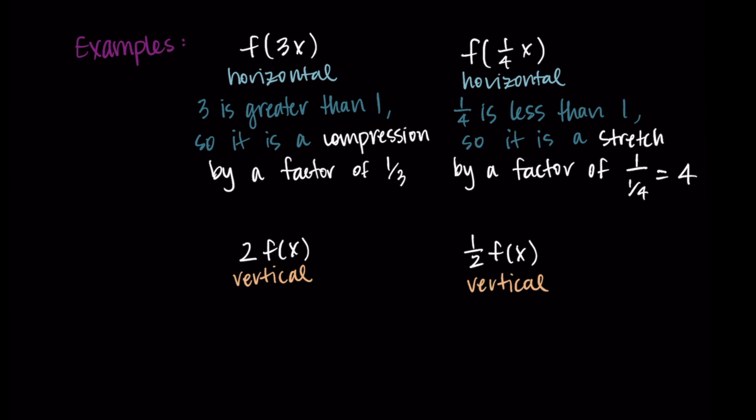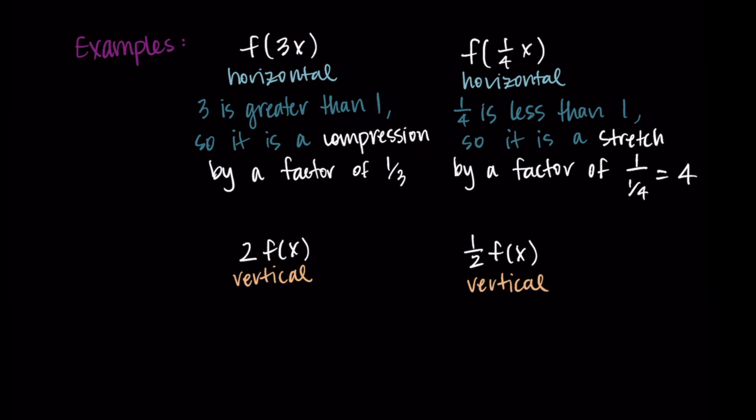So we have 1 divided by a fraction, we multiply it by the reciprocal, and so we get 1 times 4 over 1, which is 4. You could also always do this on your calculator. You can do 1 divided by 0.25 or 1 divided by 1/4, and you should get 4. So here, this is a horizontal stretch by a factor of 4. This means that all of the input values will get multiplied by 4, and those will become the new input values.